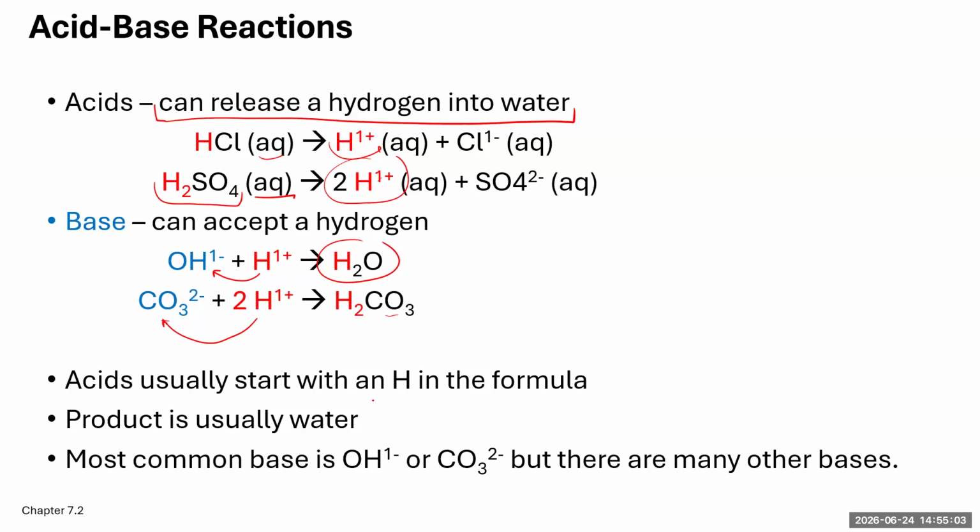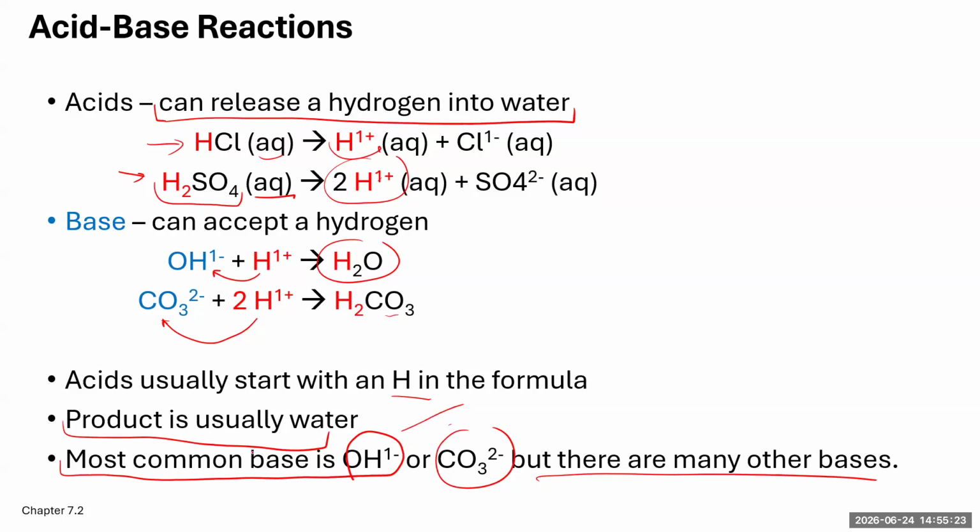Acids usually start with an H in the formula, which we did. Product is usually water. Check this out. Oh, actually, no, we don't have any things up here, but the most common bases are hydroxide and carbonate. You find these in antacids for your stomach, but there are many other bases, right? But we're just going to use these as our main examples to not get crazy.